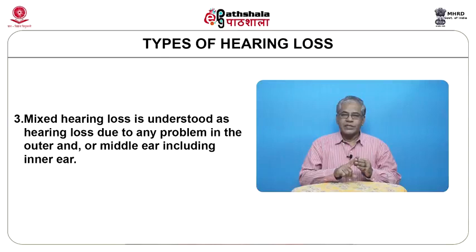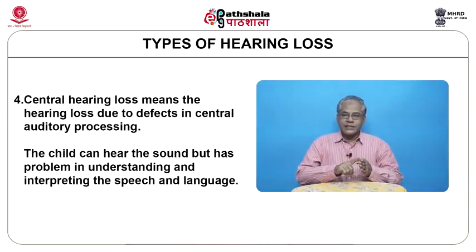3. Mixed hearing loss is understood as hearing loss due to any problem in the outer and or middle ear including inner ear. 4. Central hearing loss means the hearing loss due to defects in central auditory processing.